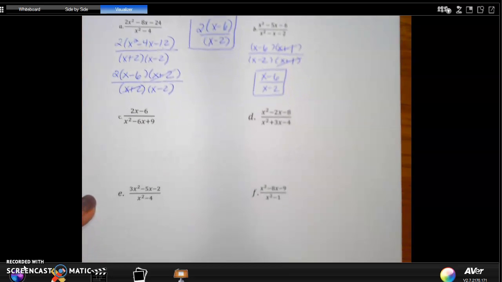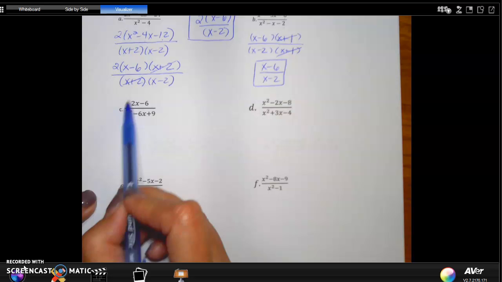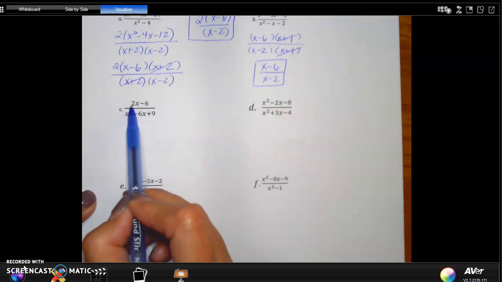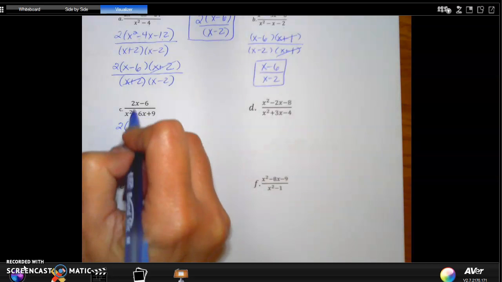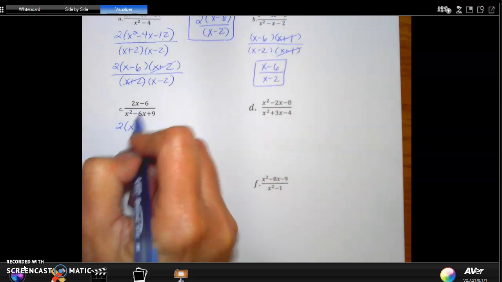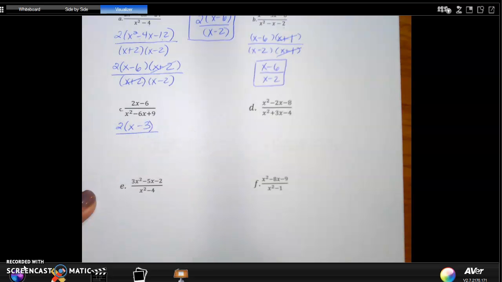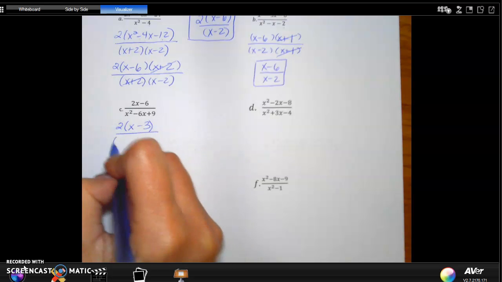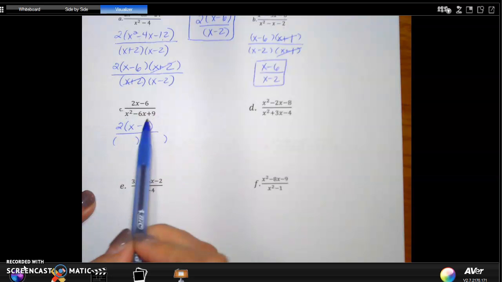So this next one, letter C, is a little bit different because all we can do on the top here is pull a 2 out. We have a 2 in common here with the 2 and the 6. So when you do that, 2x divided by 2 is x, negative 6 divided by 2 is negative 3 up on top. And then on the bottom, because we have these 3 terms here, we can break that into binomial pairs.